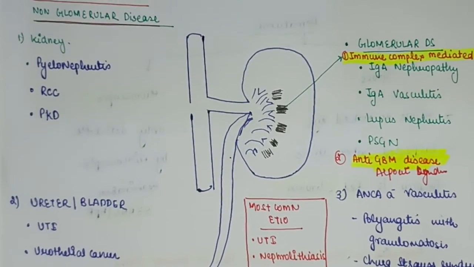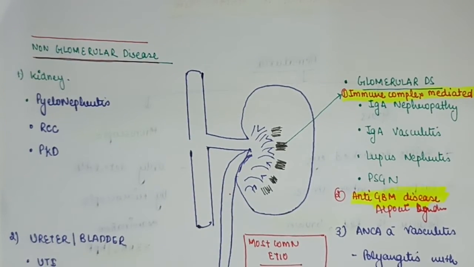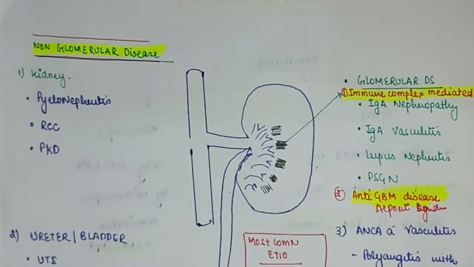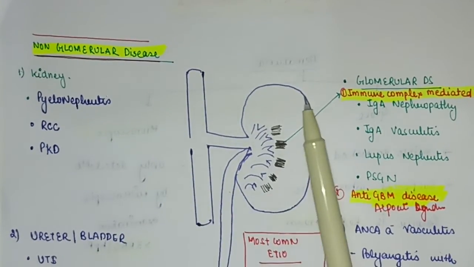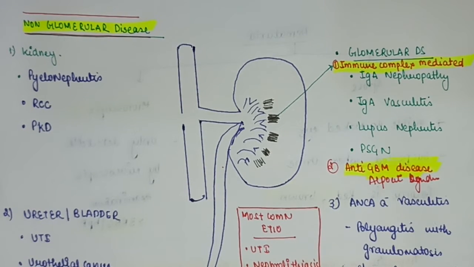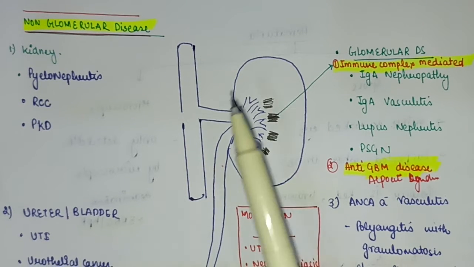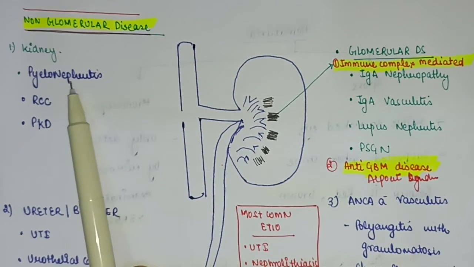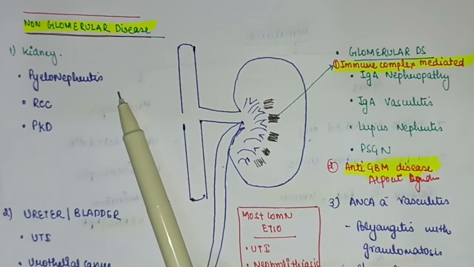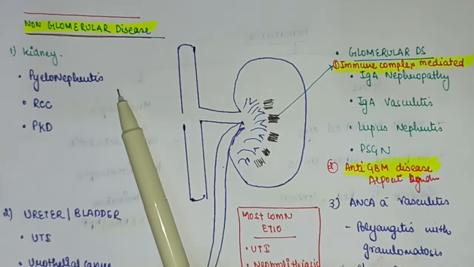Now coming to non-glomerular causes of hematuria. In non-glomerular diseases, we will divide the causes into renal, then ureter and bladder, and then some unknown causes. Renal causes not related to glomerular disease can be pyelonephritis, which can result in hematuria.